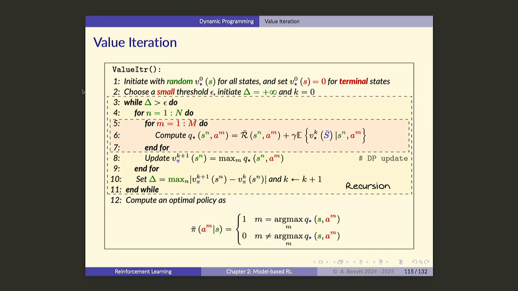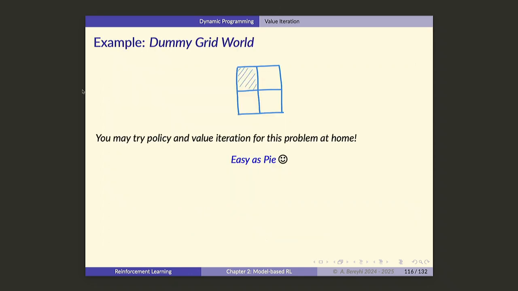No question? Okay, cool. So if you got no question, you can go ahead and solve this dummy grid world that we have done before. This is going to be super easy. Okay, so I'm not going to do it again for you, but you can simply try it at home if you wish. Just consider all the 4 stages. Just start with one initial value.